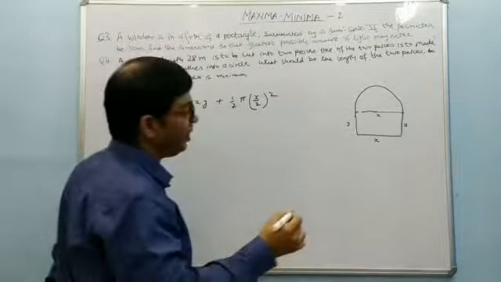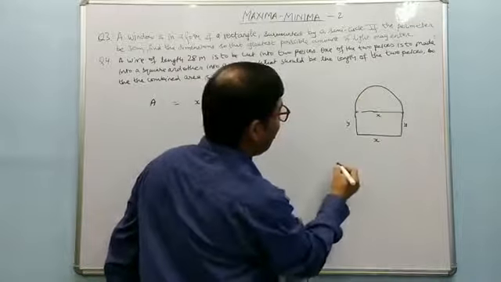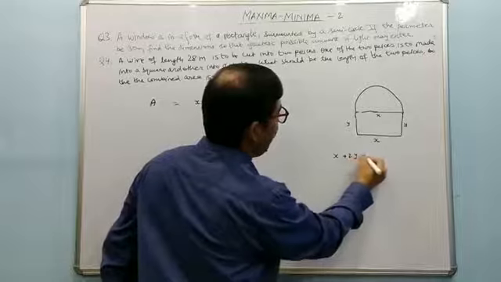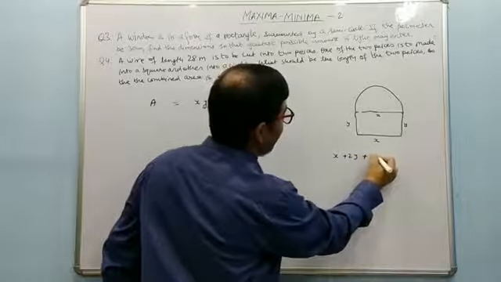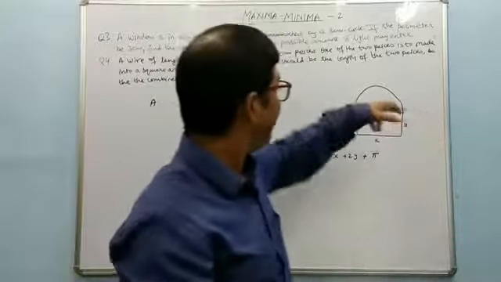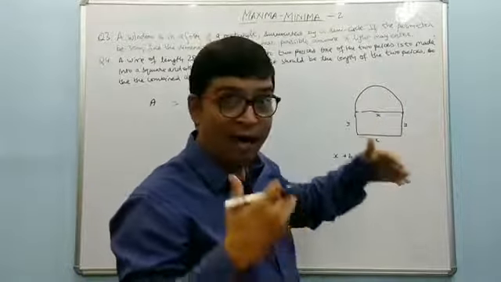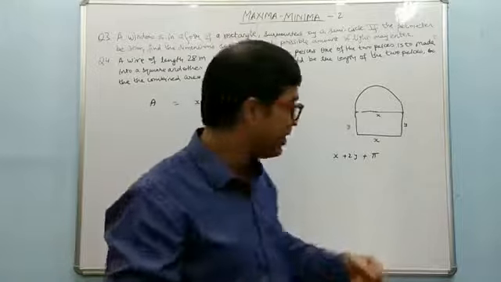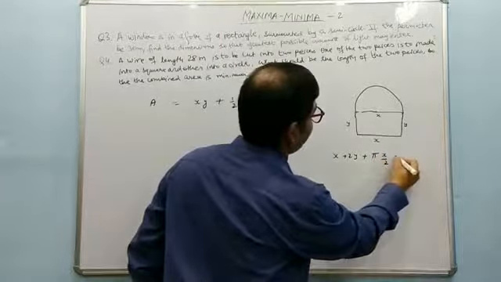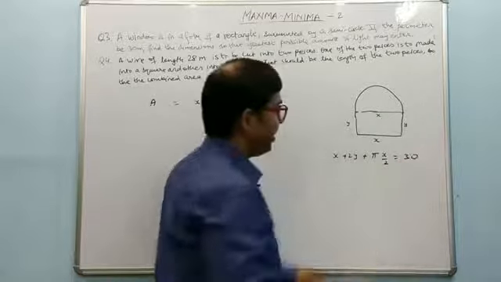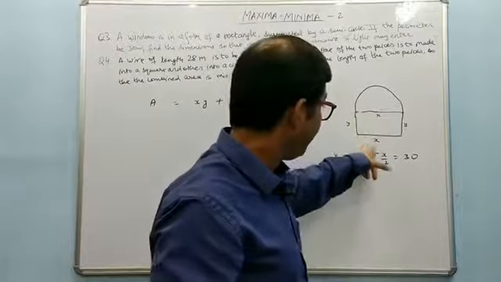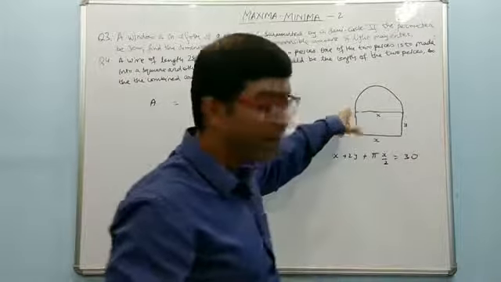See here, the total perimeter is given. The perimeter of the window is x plus 2y plus pi r, because complete circumference is 2 pi r and that is semicircular, half portion is there. So this is pi r. R is what? X by 2 is equal to given 30. See here, we are not involving this thing because the perimeter is like this, starting from here, here, coming here.